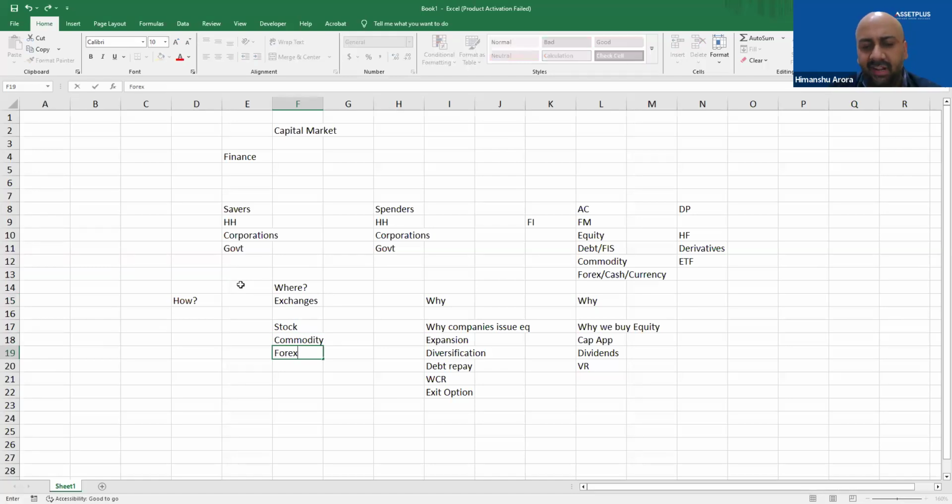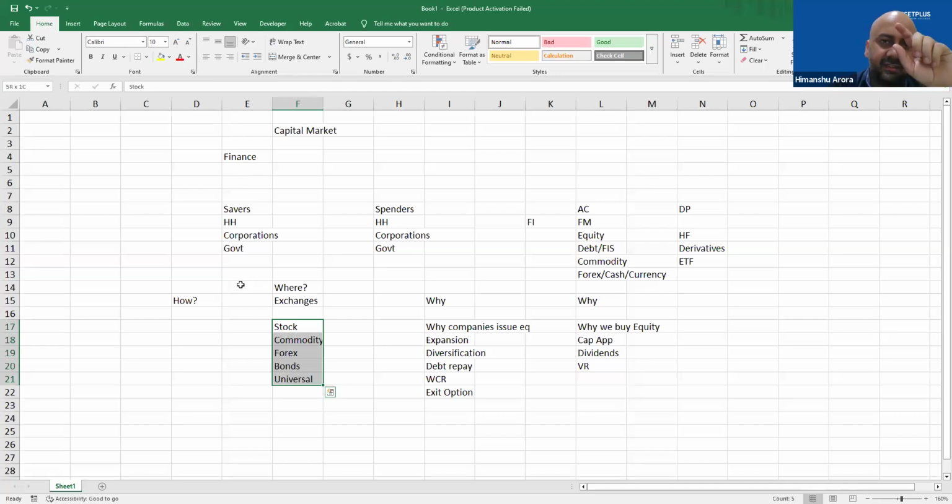Third, forex or a currency exchange. Fourth, bonds exchange. And fifth, universal exchange. So there are five different types of exchanges in India and across the world: stock exchange, commodity exchange, currency exchange, bonds exchange, and universal exchange.